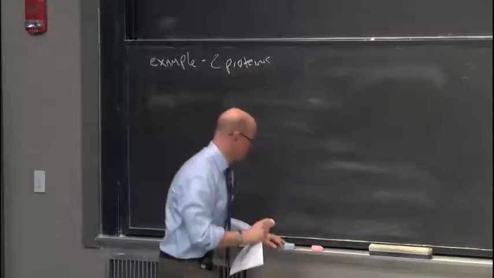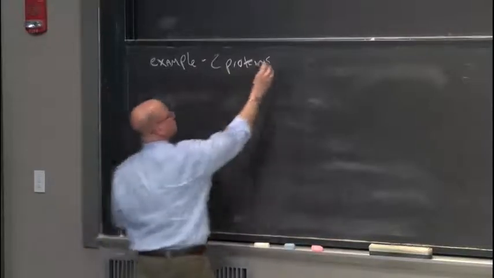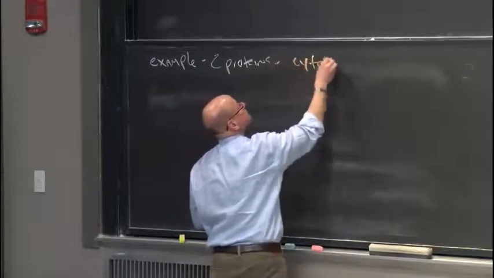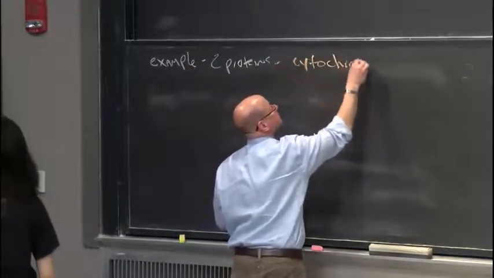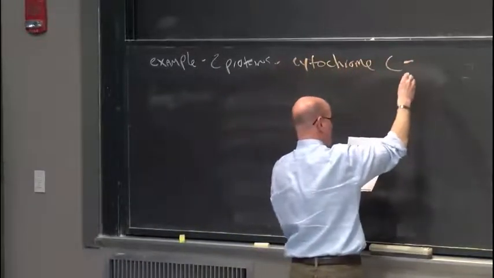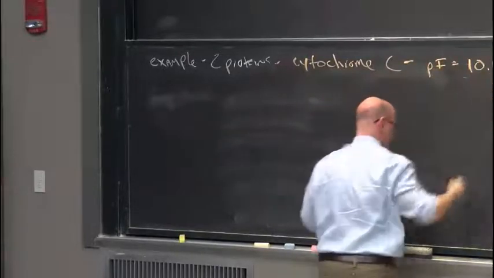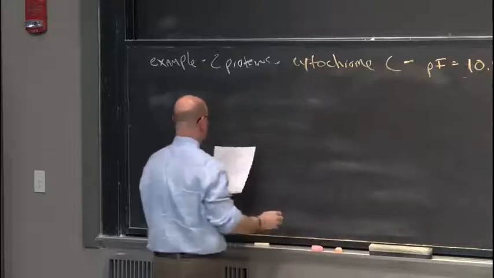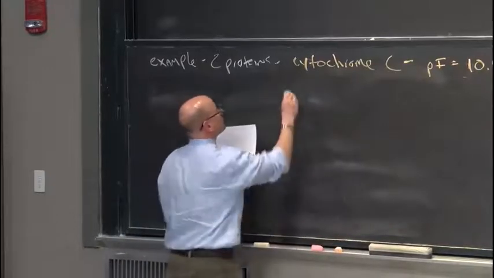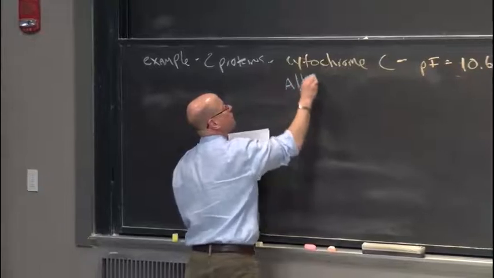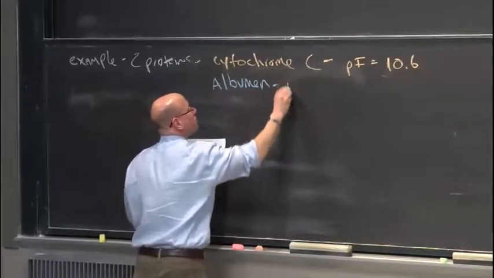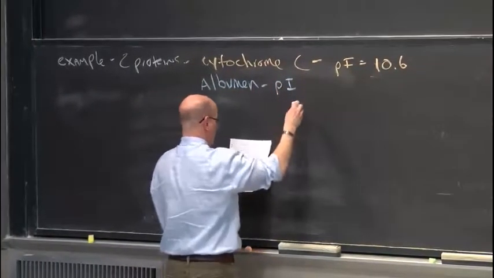Cytochrome C, which I'll draw in orange, which has a PI of 10.6. Okay, it's a pretty basic protein. And the second example that I'll use is our old friend from before, serum albumin, which I'll draw in blue, which has an isoelectric point of 4.8.